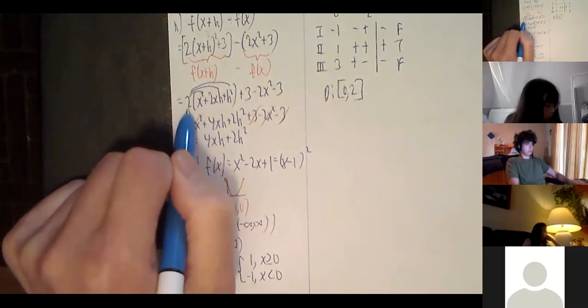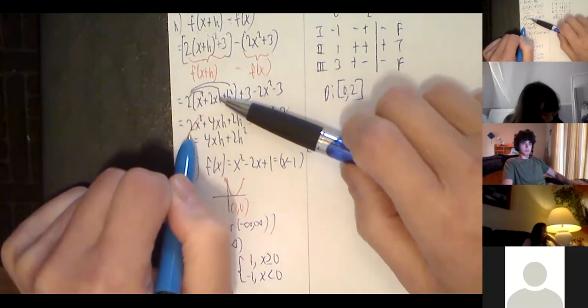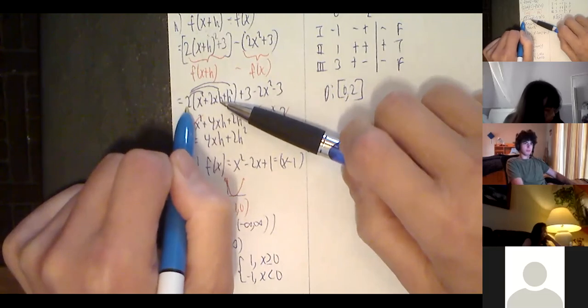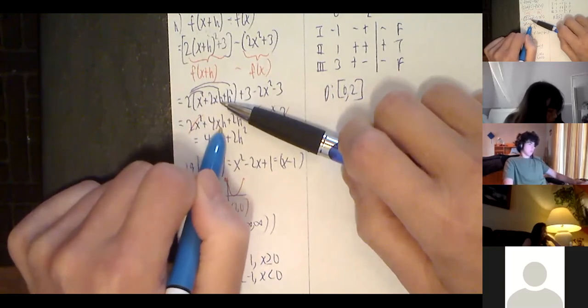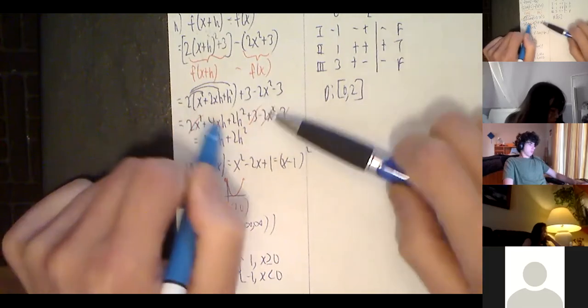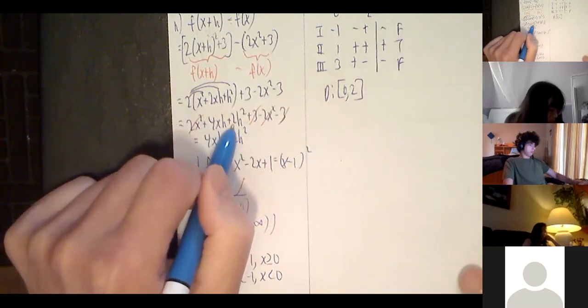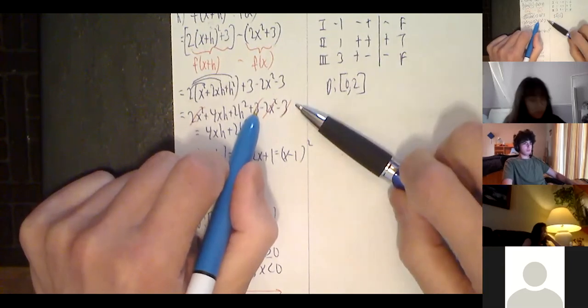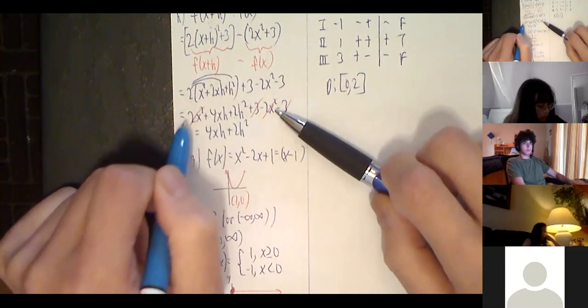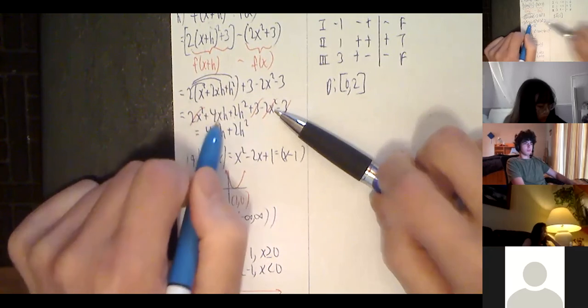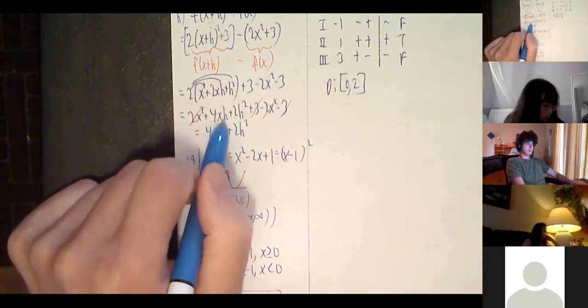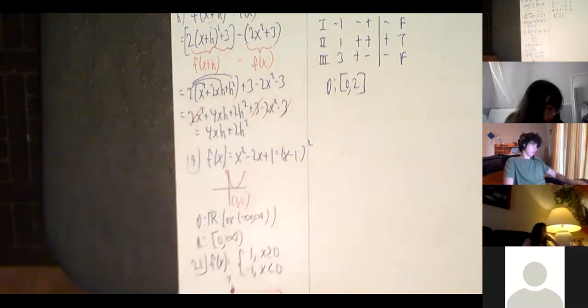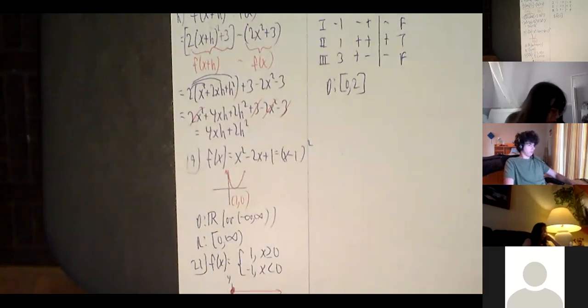So 2 times all of these guys, 2x squared, and then 2 times that is 4xh, and 2 times that is 2h squared. And I leave this stuff alone. And it looks like the 3's cancel out, and the 2x squareds cancel out. So it looks like my final answer is 4xh plus 2h squared. Final answer.